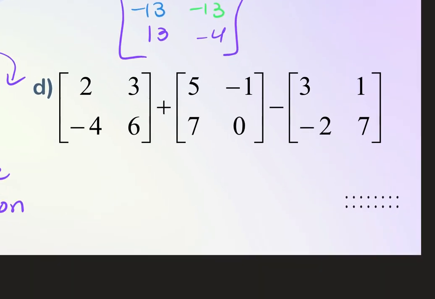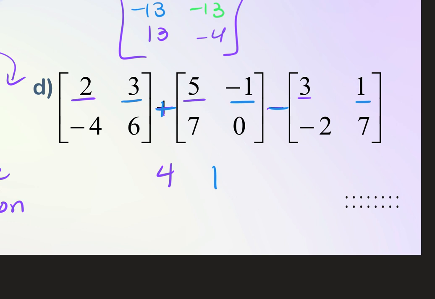All right, then D, you're just doing 2 things. That's all. Okay, you can either group these together, do those, and then subtract it, or you could seriously just do a compound. So I would do 2 plus 5, which is 7, minus 3, you get 4. Then I would do 3 plus a -1, that's 2, minus 1, that's 1.